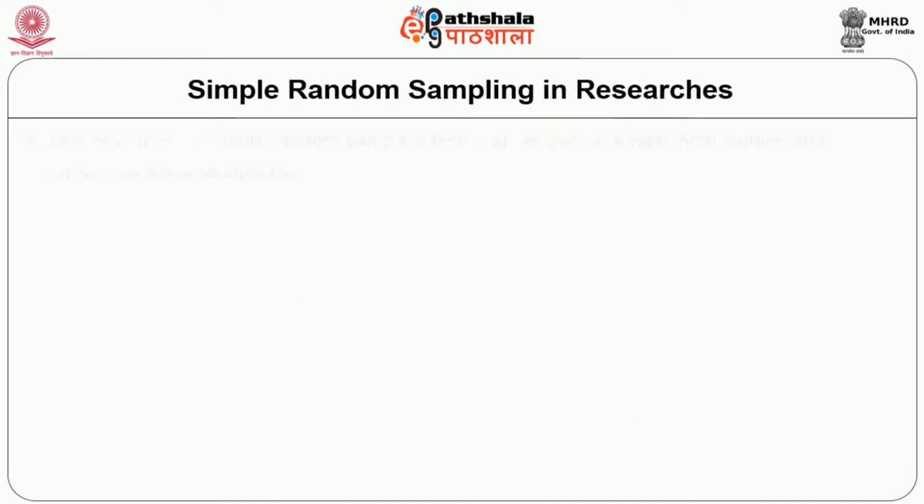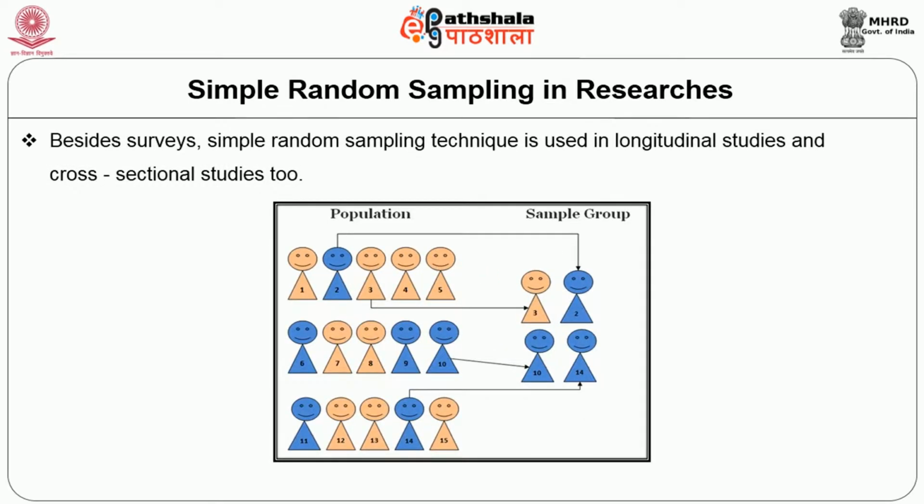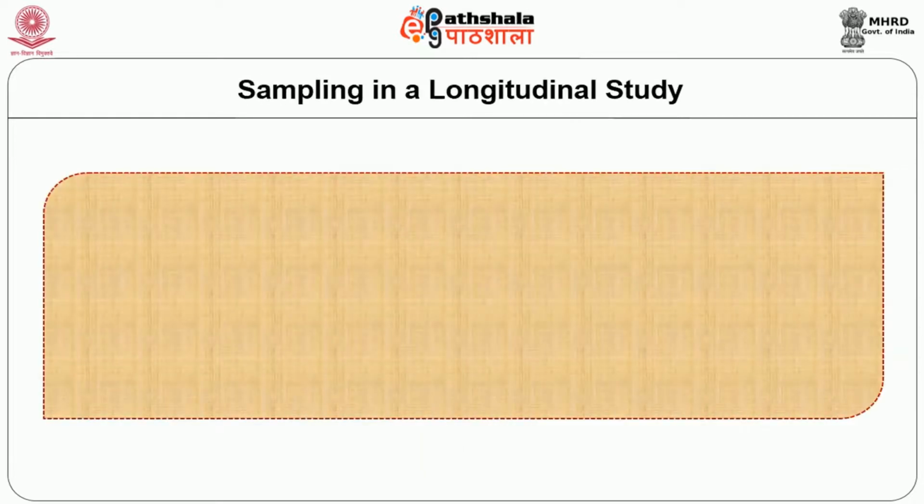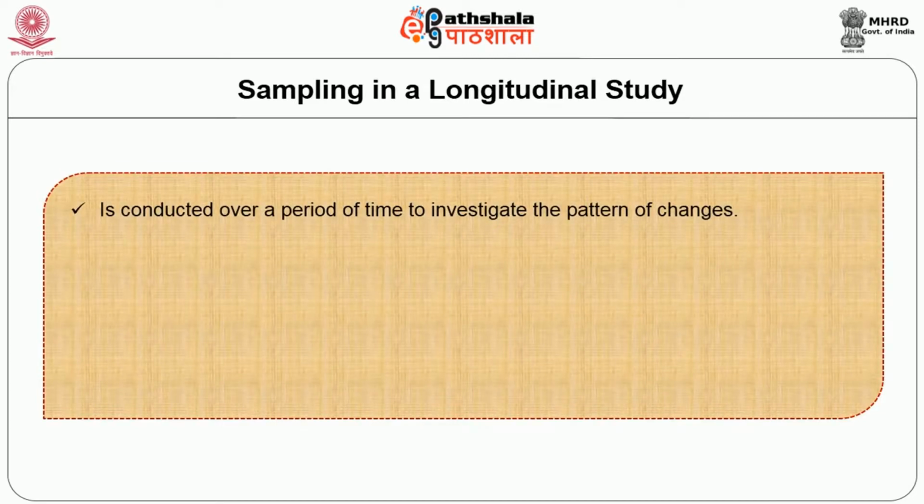Now let's take a look at how simple random sampling is applied in researches. Besides surveys, simple random sampling technique is used in longitudinal studies and cross-sectional studies too. Sampling in a longitudinal study is conducted over a period of time to investigate the pattern of changes.